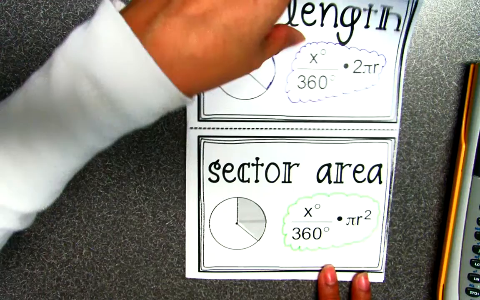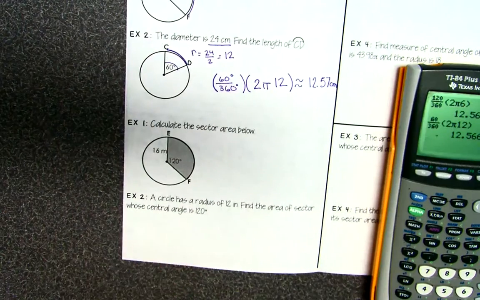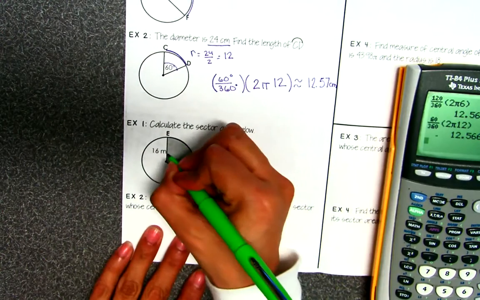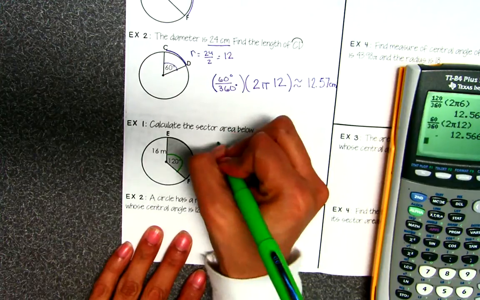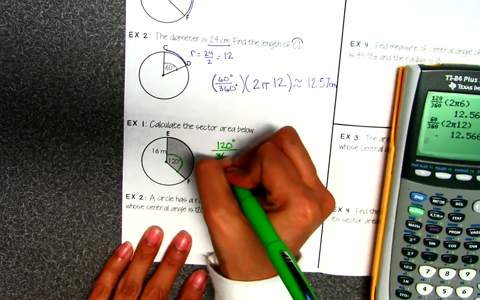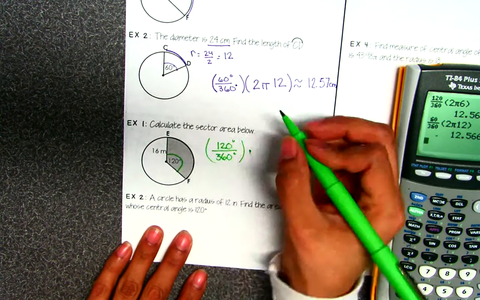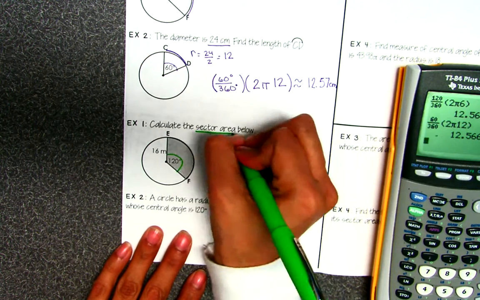Okay, so I'm going to go over here. And same thing. My central angle is 120 degrees. And this time, because I see the shaded part, it's sector area. It's a different formula.